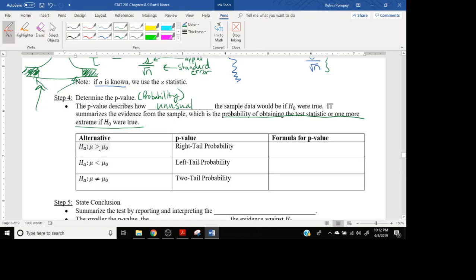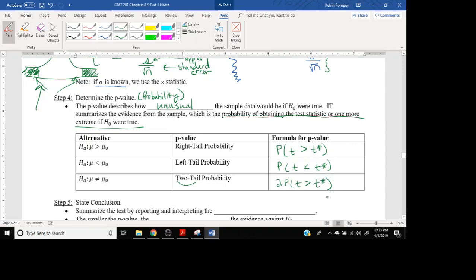For instance, if our alternative hypothesis is that the population parameter is greater than the hypothesized value, we use a right tail probability, and we basically find the probability that t is greater than our obtained test statistic. Or if it's less than, we're going to say t is less than, so we're going to get the left tail probability. And if it's not equal to, we get the two-tail probability, and I'm just going to write that as 2 times the probability that t is greater than t star.